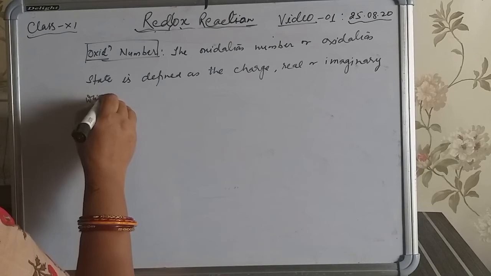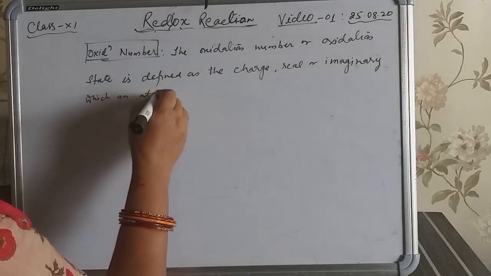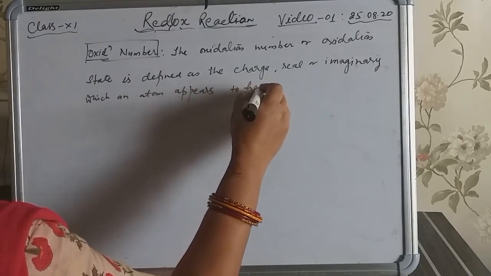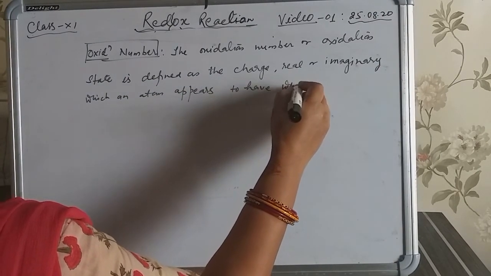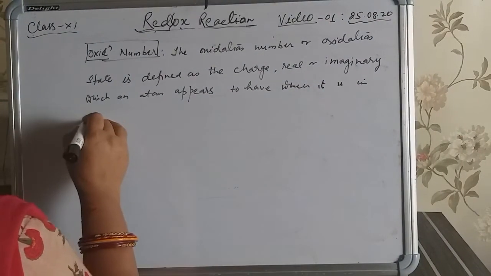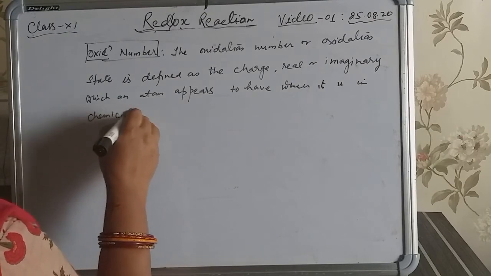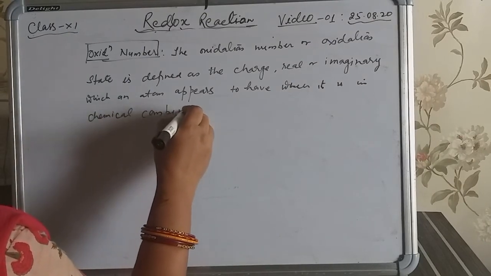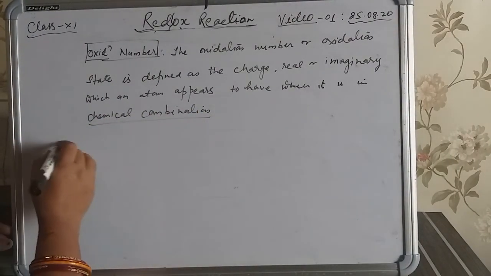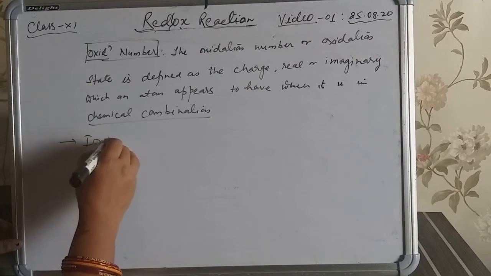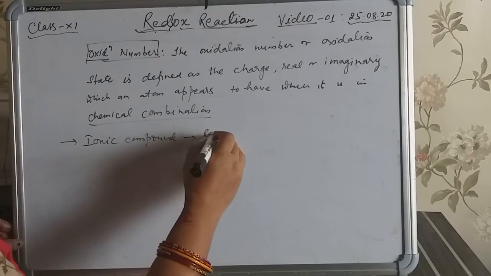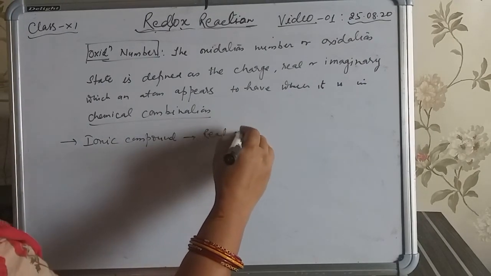which an atom appears to have when it is in chemical combination. For ionic compounds, we take the real charge.